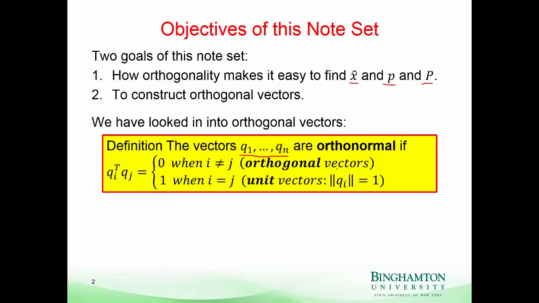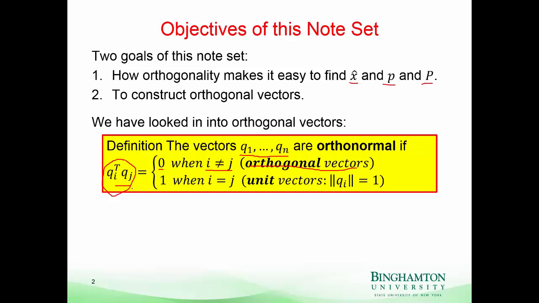Anyway, the point of an orthonormal set of vectors is that for every pair i, j, so 1 and 2, 1 and 3, 1 and 4, and so on, 3 and 4, 3 and n, every pair of two different ones, that's when i is not equal to j, this inner product is equal to 0. So that's the orthogonality.